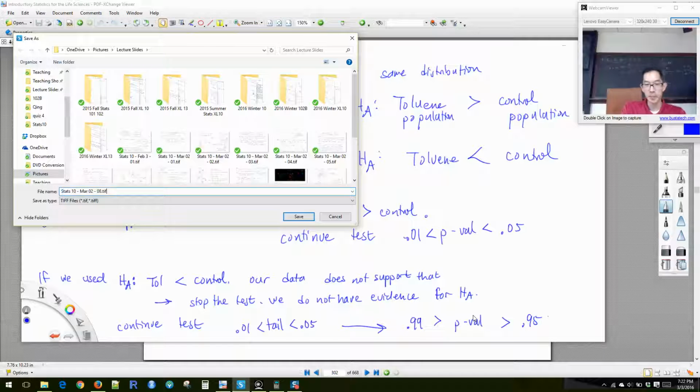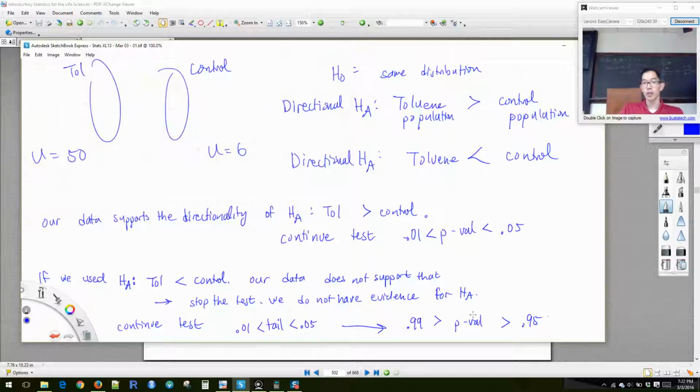And if it weren't as obvious that there was a difference, then you wouldn't be rejecting your null hypothesis in the first place. Even if the values were closer together, one of them will probably be larger than the other.